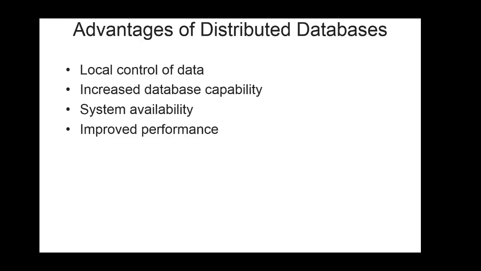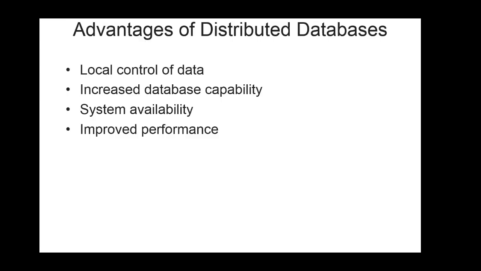Another advantage could be system availability. When a centralized database becomes unavailable for any reason, no user can continue processing. In contrast, if a local database in a distributed database becomes unavailable, only users who need data in that particular database are affected.